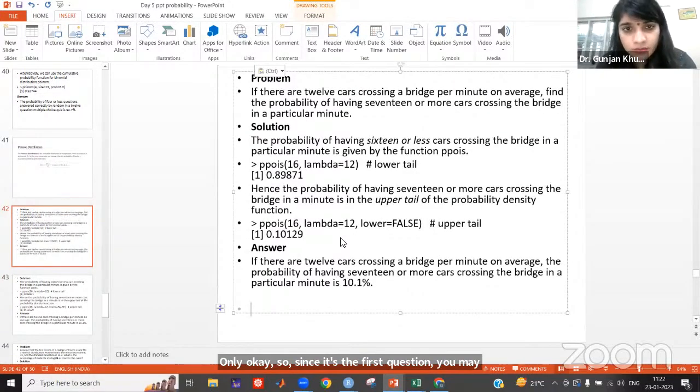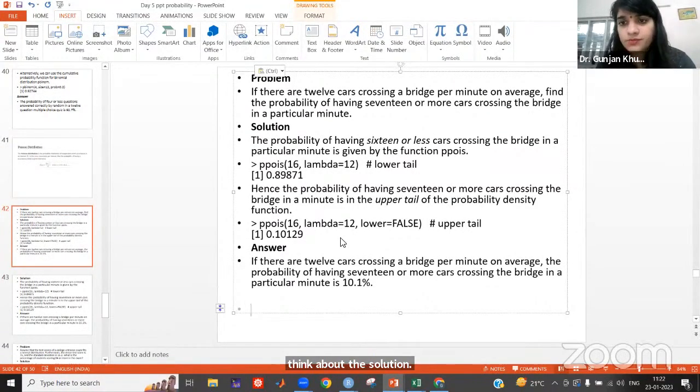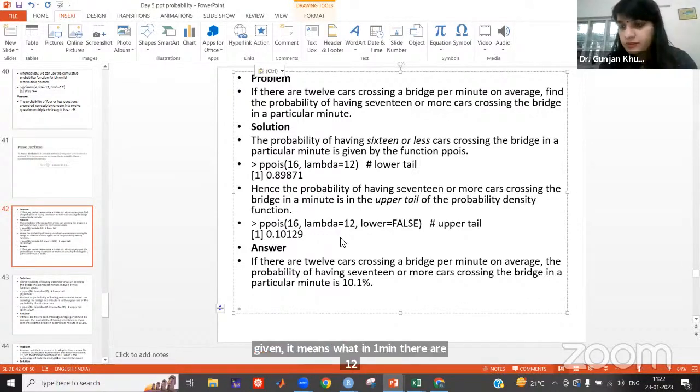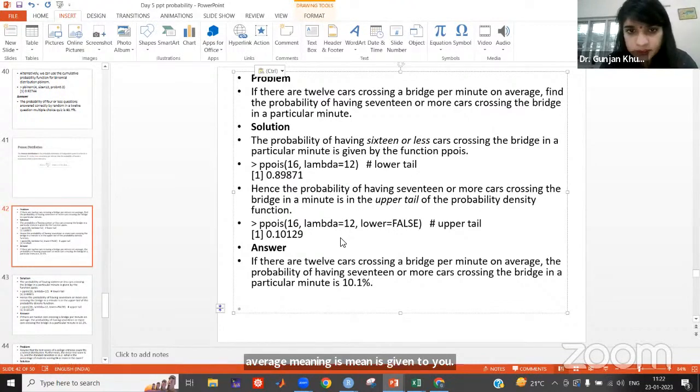If there are 12 cars crossing a bridge per minute on an average, in the Poisson distribution, when the words on an average are given, it means in 1 minute there are 12 cars on an average, meaning the mean is given to you. Find the probability of having 17 or more cars.